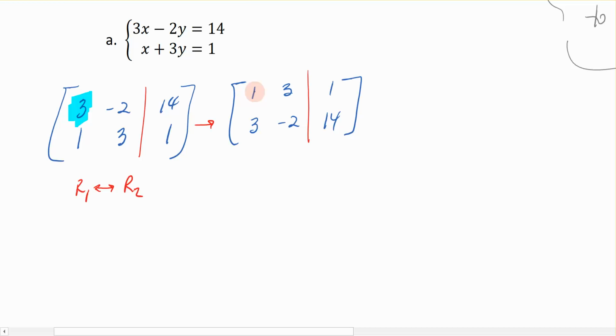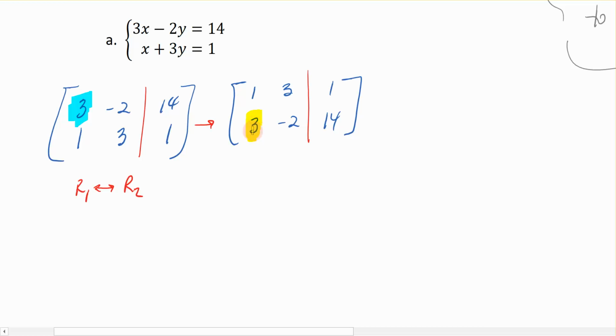So I have a 1 up here in this position. The next place that I want to go to is this right here. After I get a 1 in this very first row 1, column 1 position, I want to go underneath it and turn this into a 0. So 1s along the diagonal, 0s underneath.